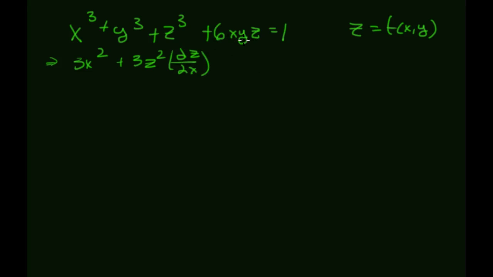This is a function of both x and z, so we have to use the, we call it the product rule here. So we're going to look at this as 6y and then yz, right?